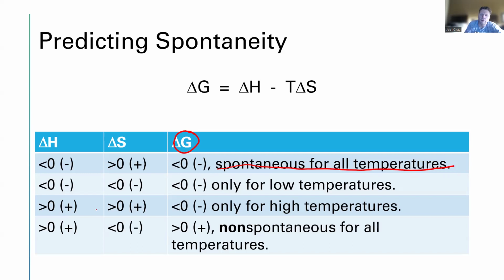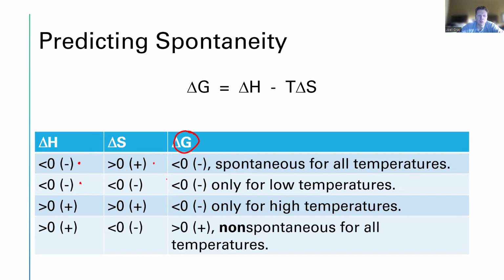So what you're going to be looking for there is delta H that is less than zero and delta S that is greater than zero. What I think is really helpful to piece these together is to say, a reaction is going to be spontaneous when you've got negative delta H and a positive delta S.